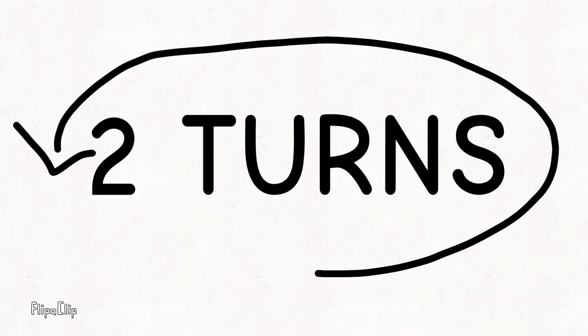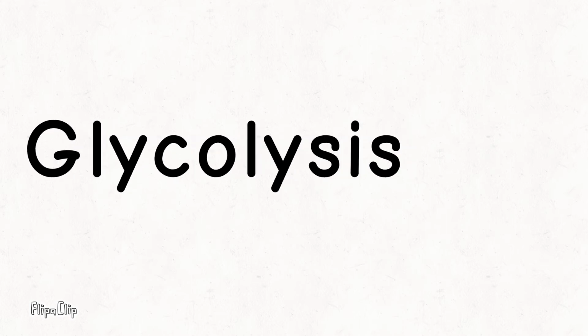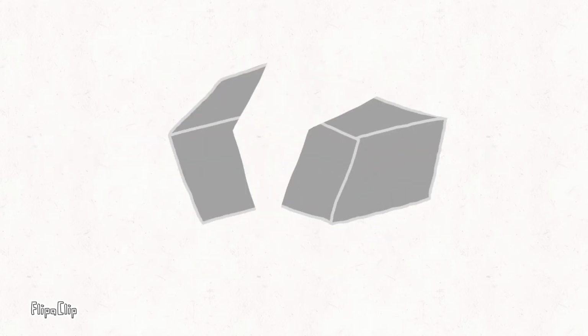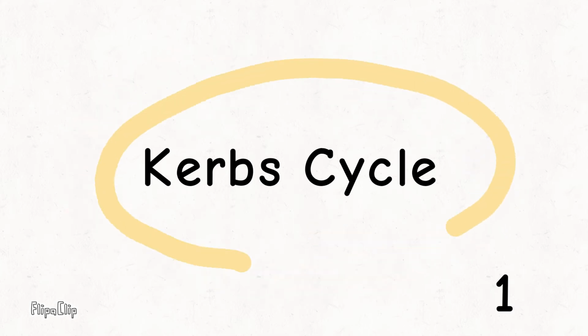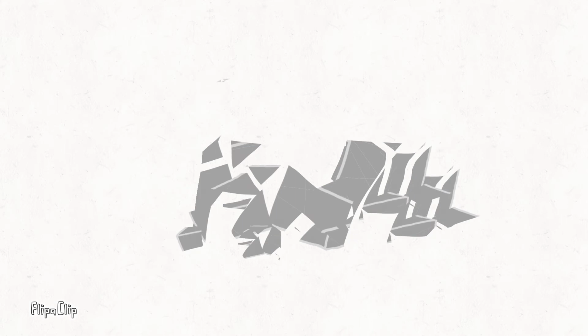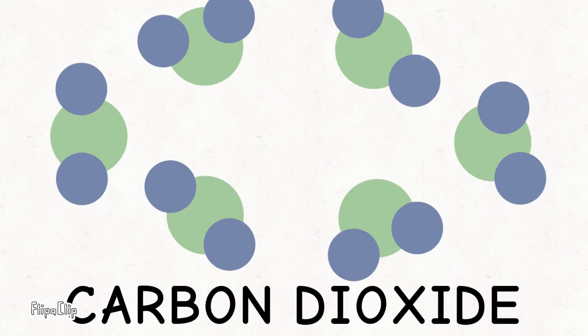Two turns are needed because glycolysis produces 2 pyruvic acid molecules when it splits glucose. After the second turn through the Krebs cycle, the original glucose molecule has been broken down completely. All 6 of its carbon atoms have been combined with oxygen to form carbon dioxide.